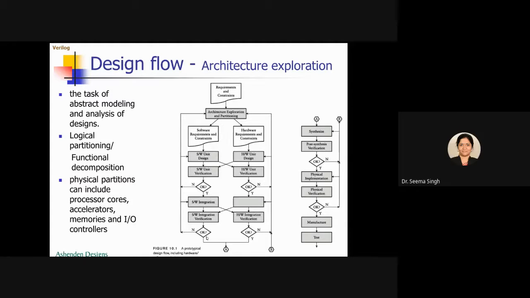So physical partitioning means your physical components being partitioned. Logical partitioning means where you decompose the complete system in a functional way. Now what you can see in this flow chart is software partitioning and hardware partitioning. Physical partitioning will come under the hardware column.